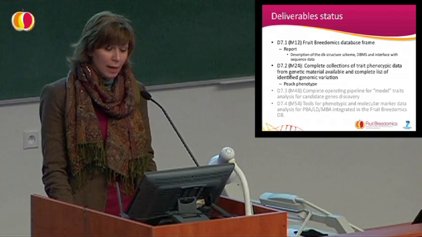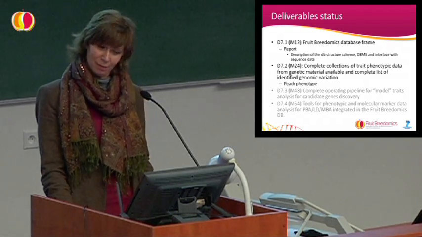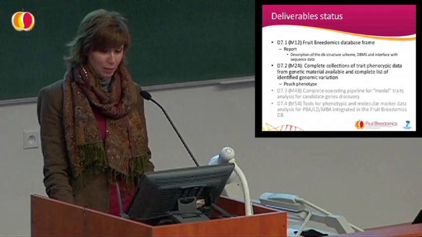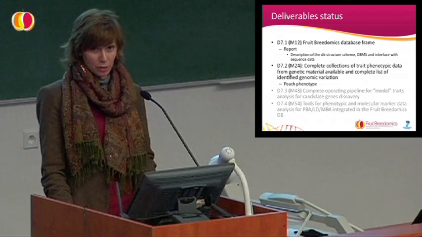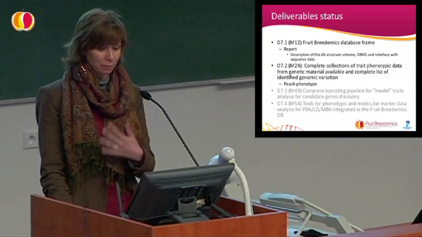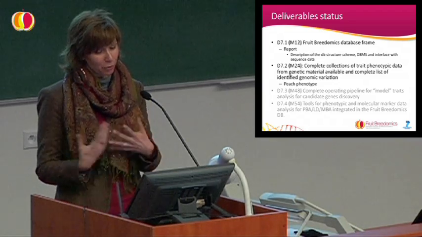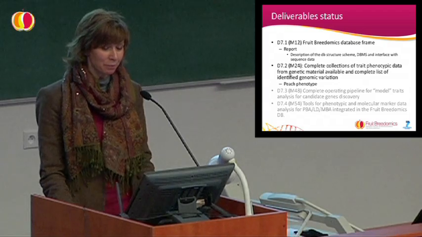And then we have month 24, which seems far away, but it's not. That is the complete collection of trait phenotypic data from genetic material and the complete list of identified genomic variation. So of course, peach phenotype overlaps with the deliverable in WP4, but we should speed up with that.